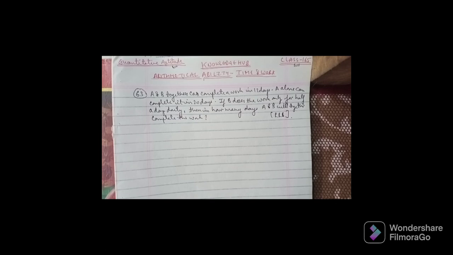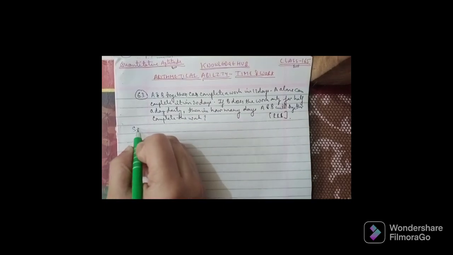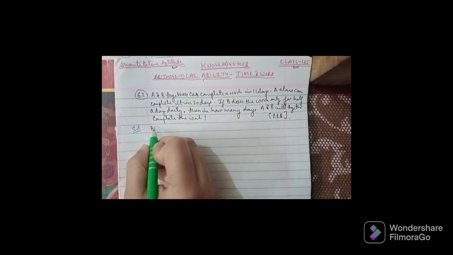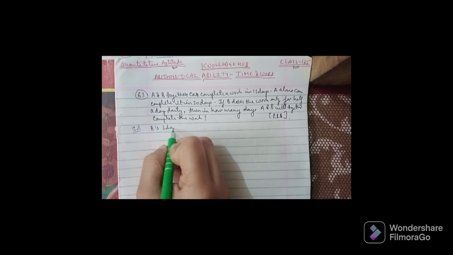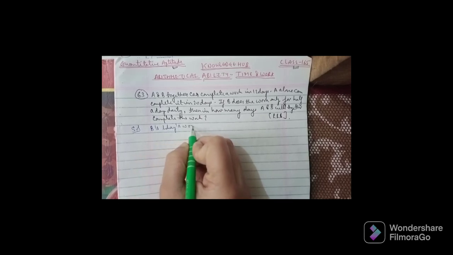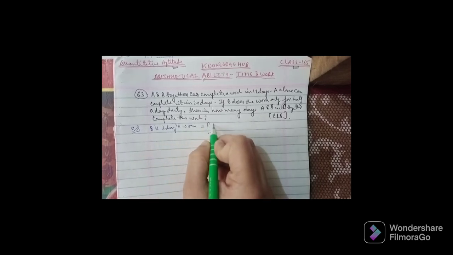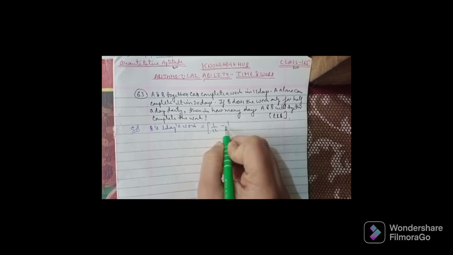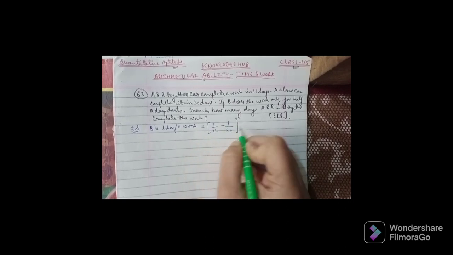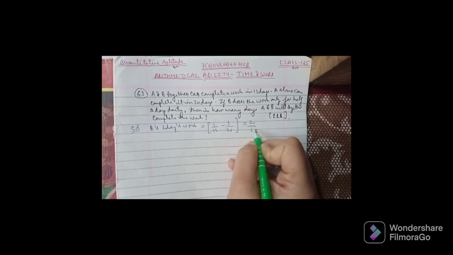So B's 1 day's work equals 1 by 12 minus 1 by 20, which gives 2 by 60.